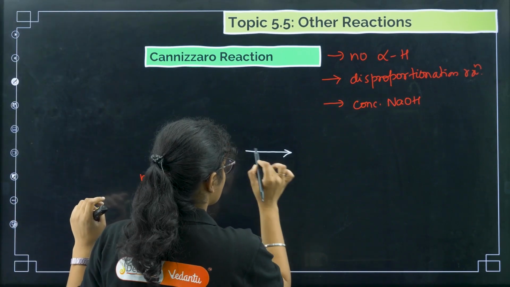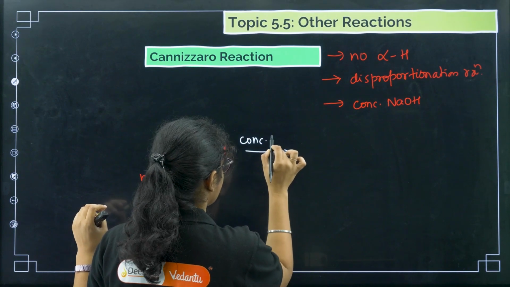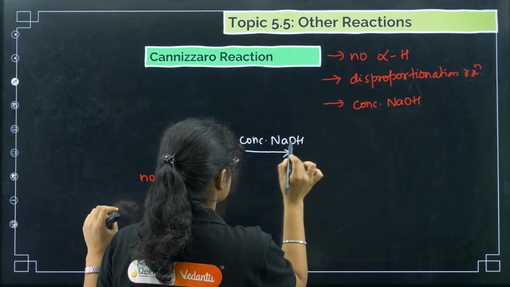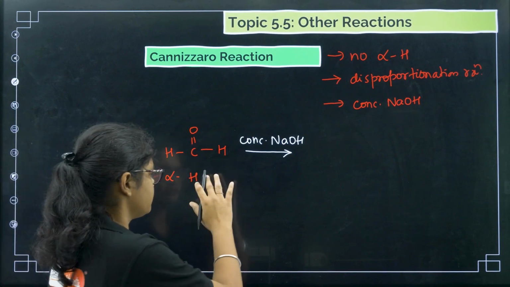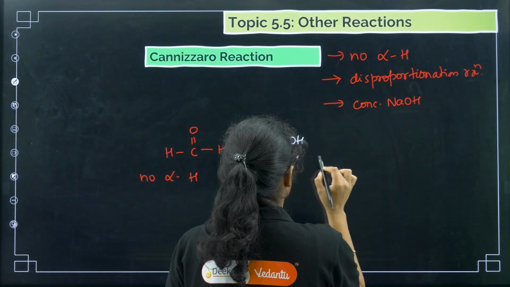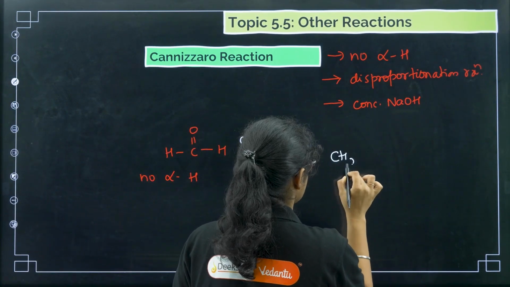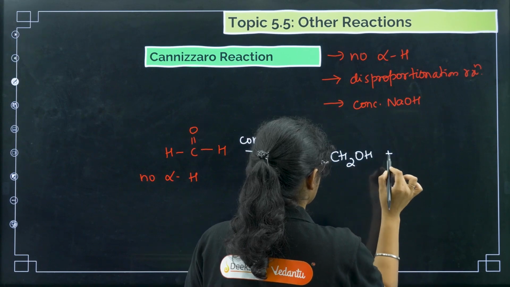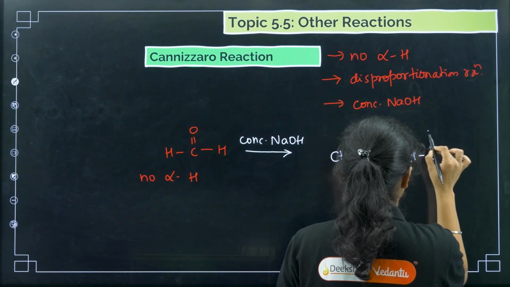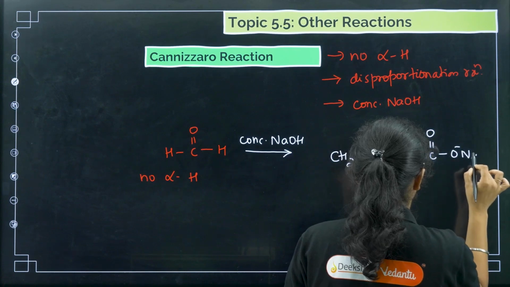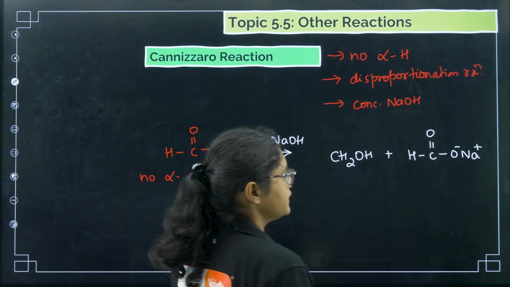There will be concentrated NaOH. So this one will undergo oxidation and this one will undergo reduction. So if it undergoes reduction, what will I get? Alcohol I'll get. So first CH3OH, and I'll get a carboxylic acid. So I'll get HCOO minus Na plus, the salt of carboxylic acid.